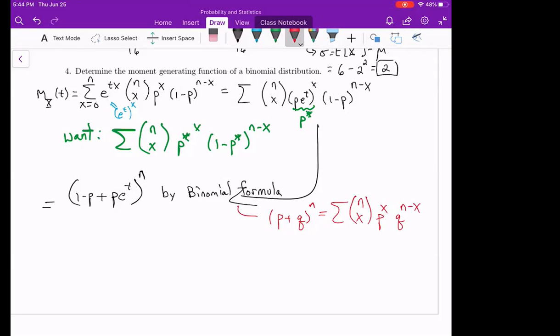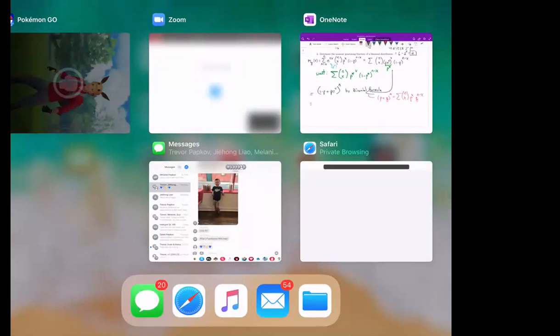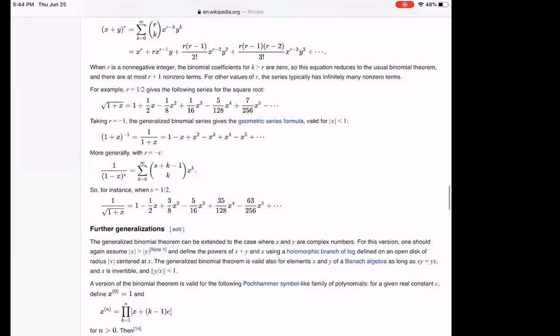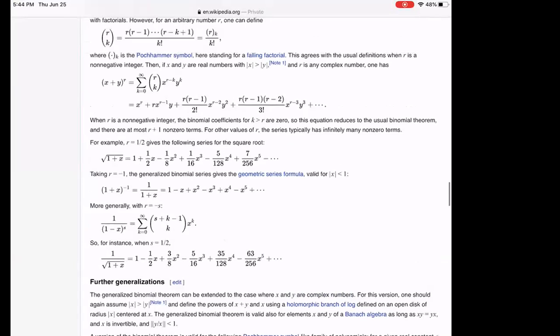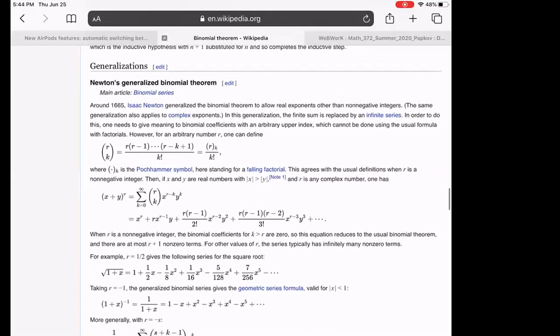Does it matter that on Wikipedia their sum went from 0 to infinity? Oh, you're talking about the page I just had up, right? Yeah. It doesn't matter when we're working with the binomial distribution, which is where we're stemming from.